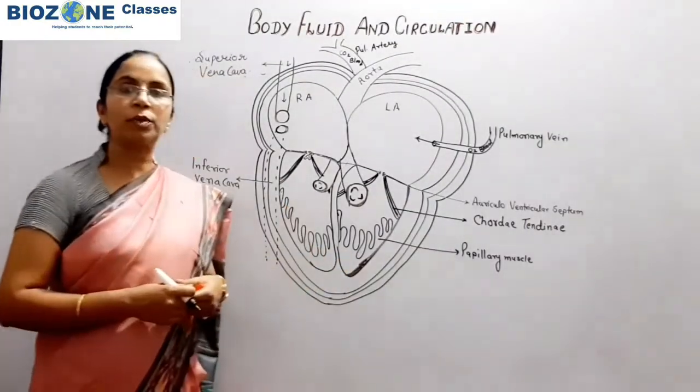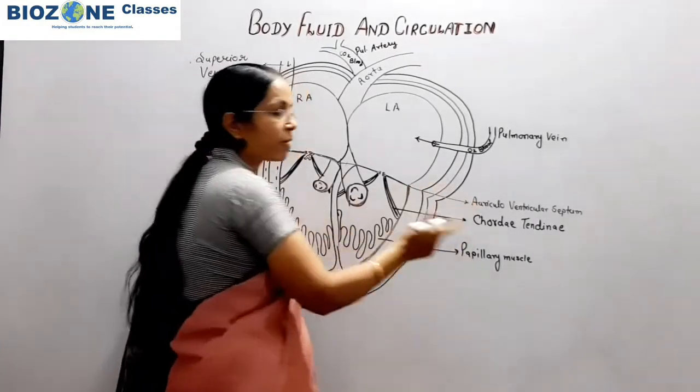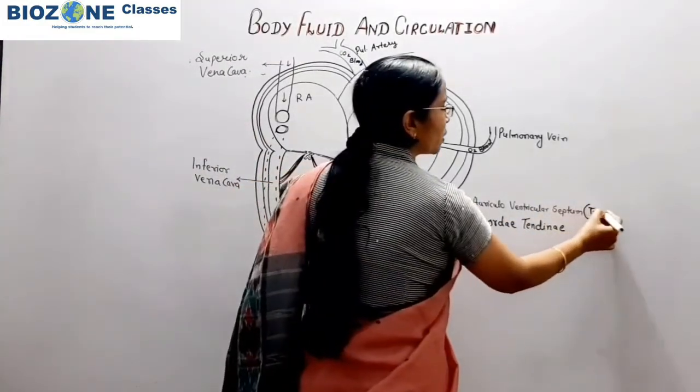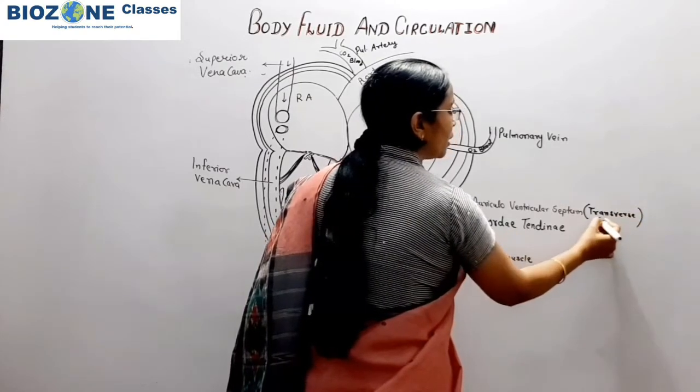Now when we come towards the septum, you remember one septum is the auriculoventricular septum, which is a transverse septum, and another septum is there.